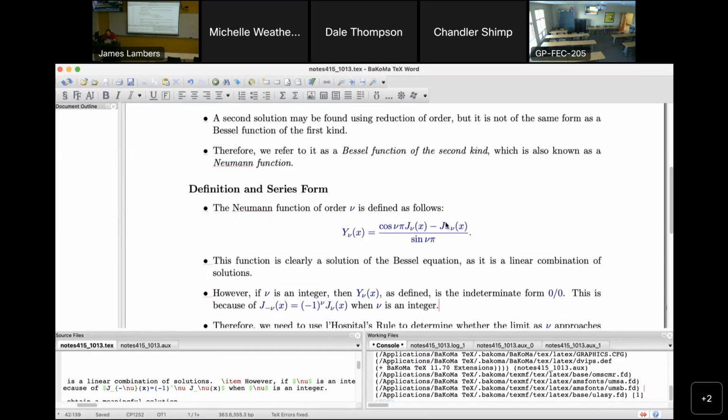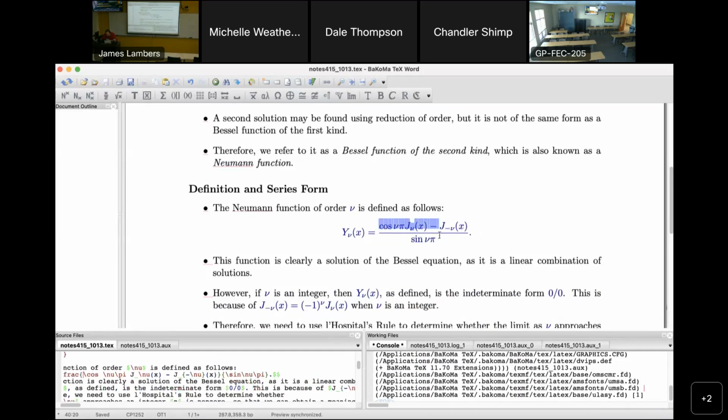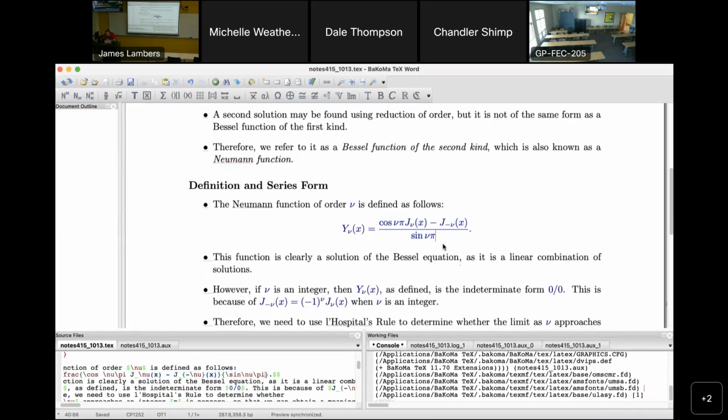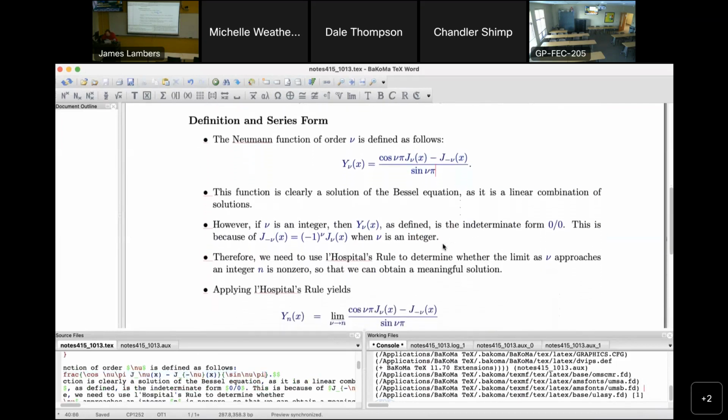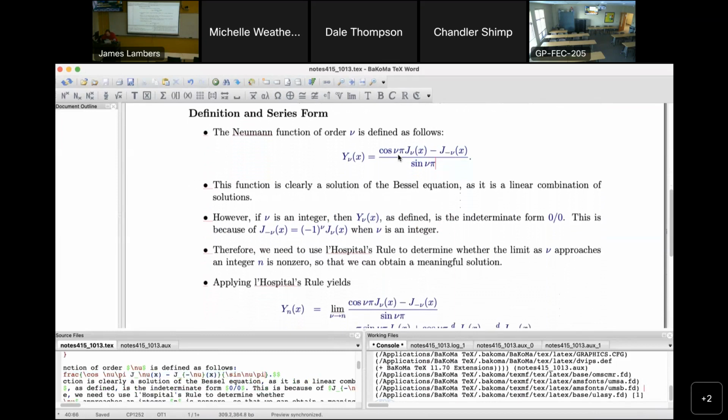So what we need to do is treat this quantity as a limit. We leave the order nu as a variable, and we take the limit as nu approaches some integer n.